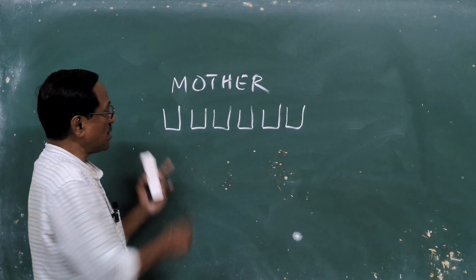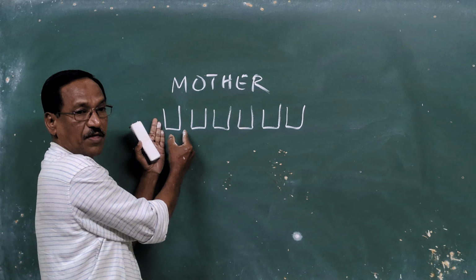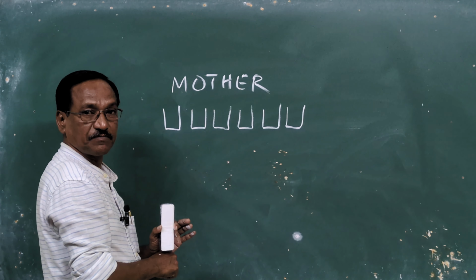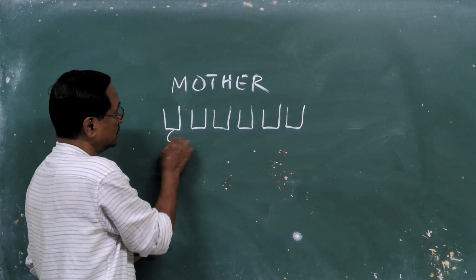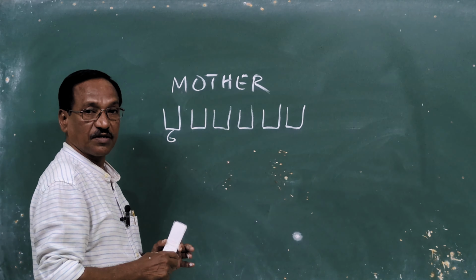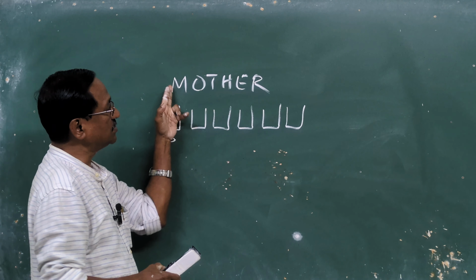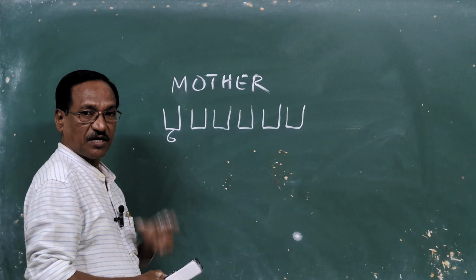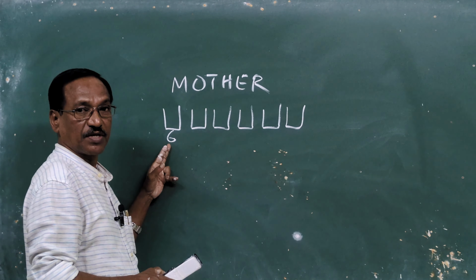First, let us come to the case of the first box. When we come to the first box, we have 6 letters with us. So the letter for the first box has 6 choices. The letter for the first box can be any one among these 6 letters.